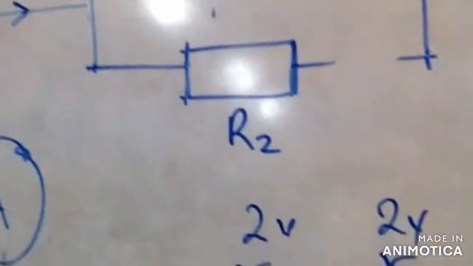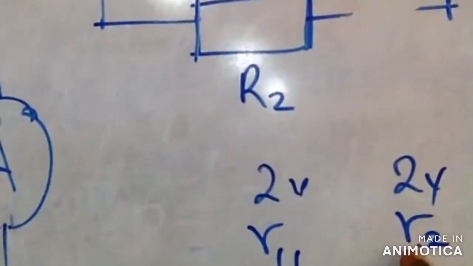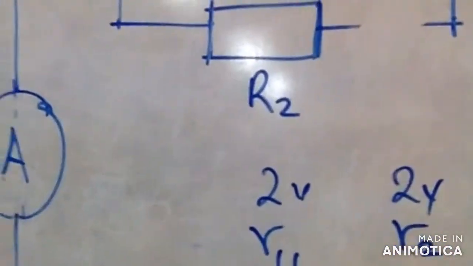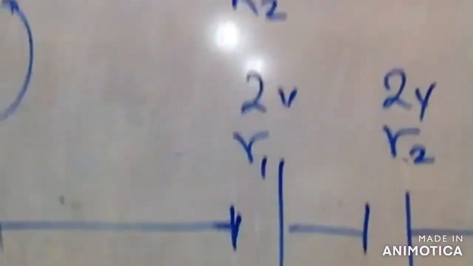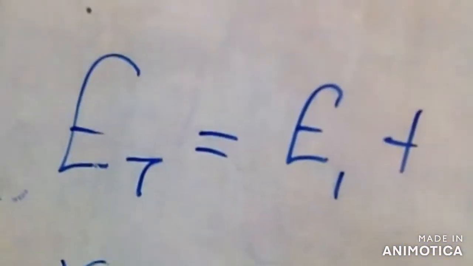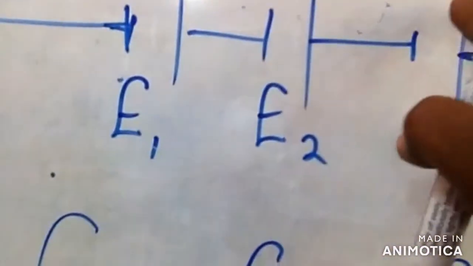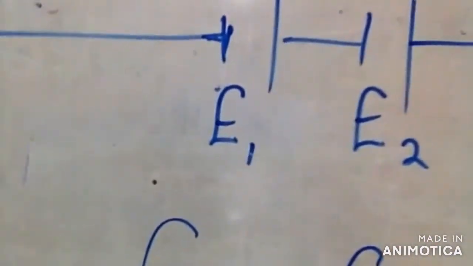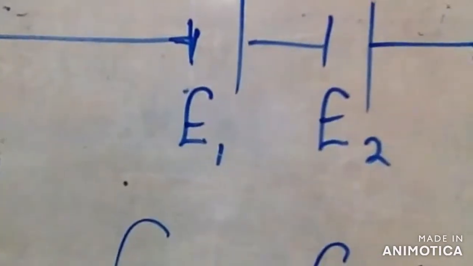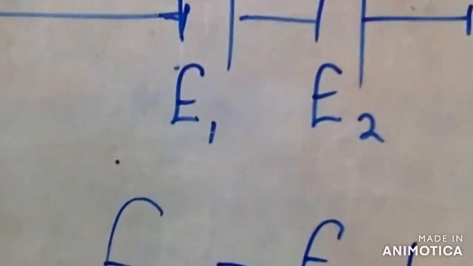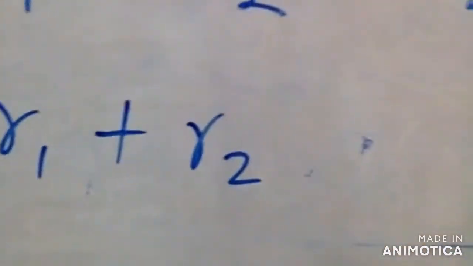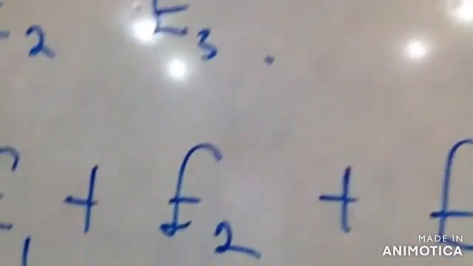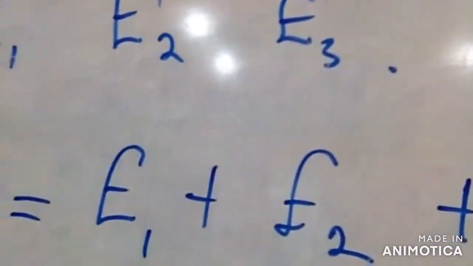Okay, now remember that every cell has an internal resistance. So as I'm adding the total EMF of these cells, I should also be adding the internal resistance in series, which is R1 plus R2 plus R3.